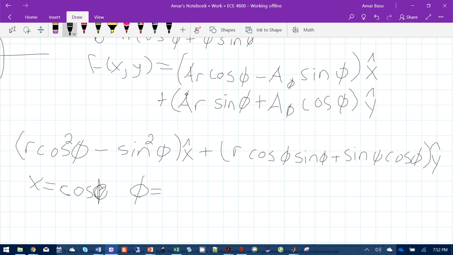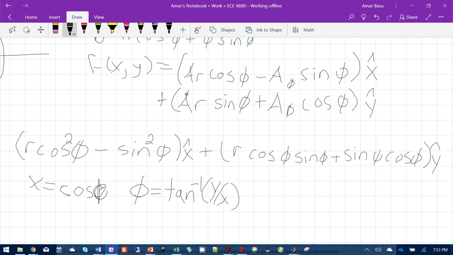Using this, phi equals tan inverse of y over x, which is the one that's actually a mess. I also used some other trig identities, but this top part is in fact correct.